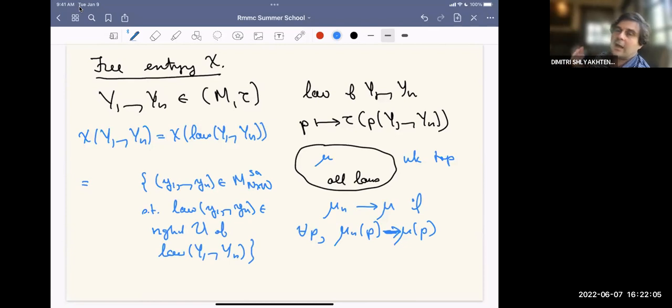So what does that mean? I fix some number of polynomials. In other words, I fix moments, let's say, to some order. And I insist that my matrices have the correct non-commutative moments to within a small error relative to the variables capital Y_1, ..., capital Y_n. Okay. And I look at the set of all such matrices.